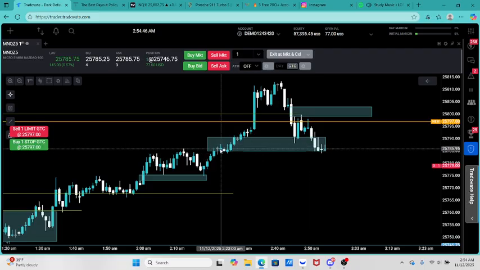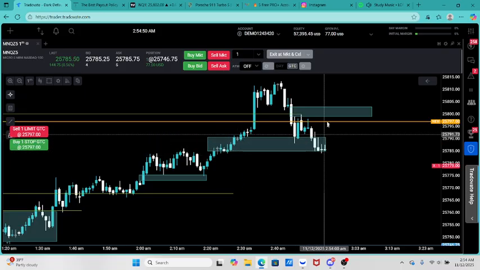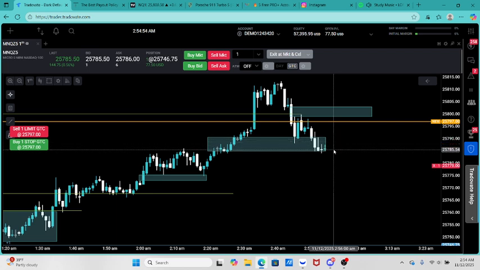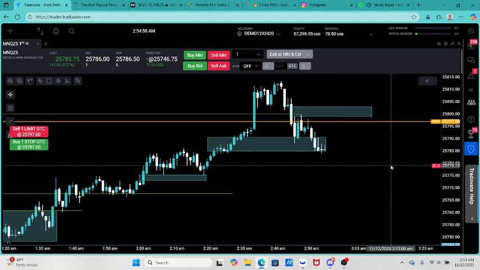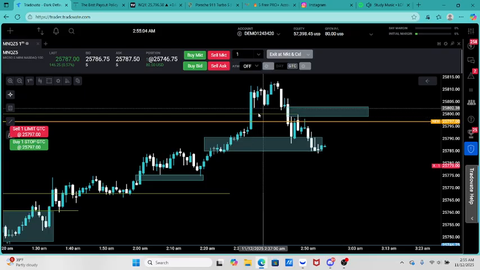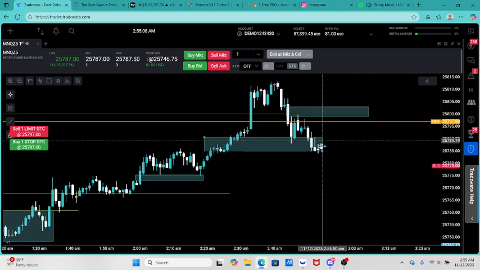Now, it very well could hold this order block and send higher, but it's just very unlikely. This is why I'm only holding one contract, and this is why I took out like 70% of my position at 800. But I'm not saying it's impossible.